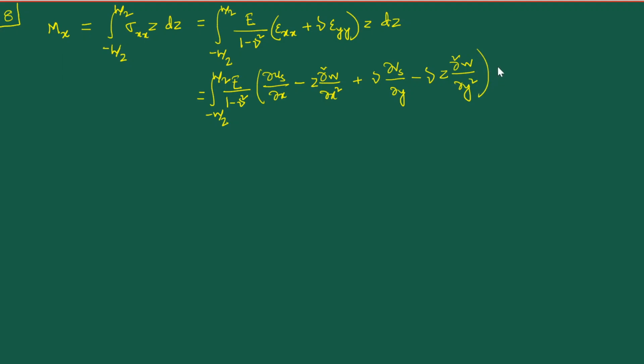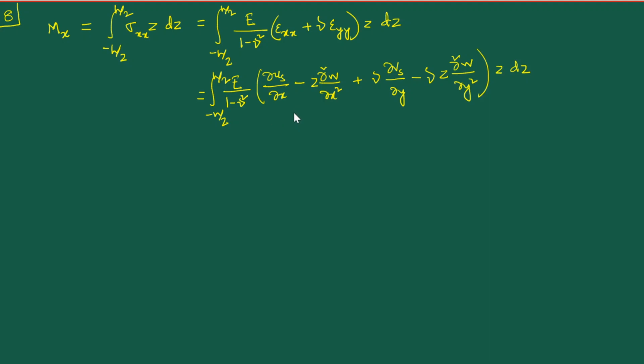Okay, and then I have this z dz. Now you see we have this integration over the symmetric domain minus h by 2 to h by 2, symmetric about z equal to 0.